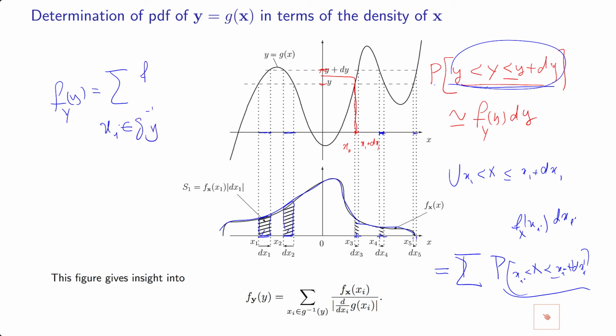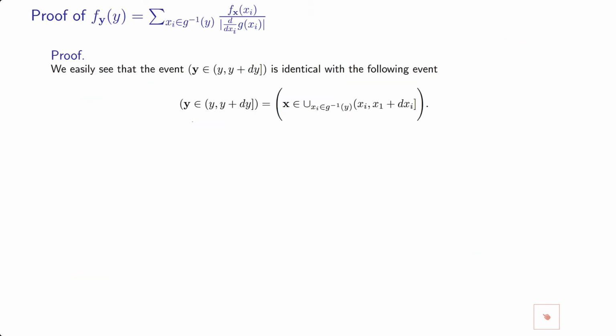Then I have fx of xi, and I have to divide this by dy divided by dxi. And I have to put the absolute value because sometimes dx is positive, and sometimes dx is negative. It doesn't mean that I subtract this one. So this is why I have the absolute value. So the proof is complete. It is very intuitive and very complete. So this is a very important theorem.